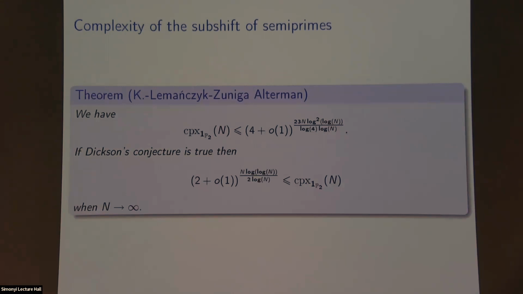We also looked at what we can prove about the semi-prime shift defined analogously, and I will only show you the result. There is an upper bound for the complexity of the shift given by 4, again 4, but to 23n log square log n by log 4 times log n.